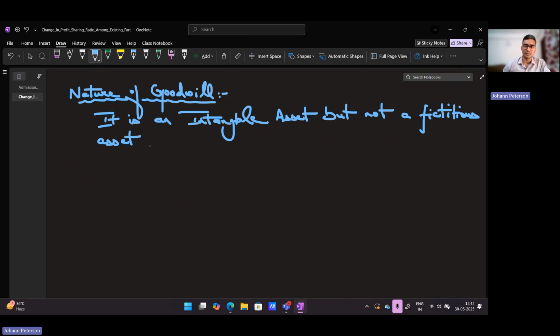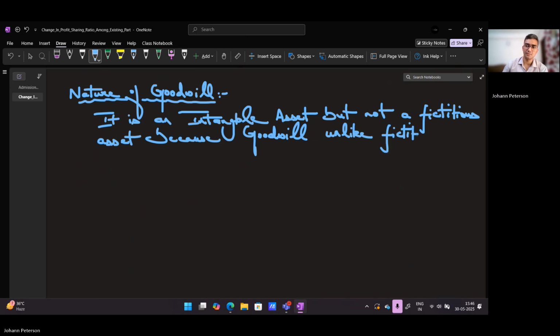Okay, so it's not a fictitious asset, it's something which is actually existing. Fictitious means something which is imaginary. So it's not an imaginary asset, it's actually there and it is measurable in terms of money. It has a value because goodwill, unlike fictitious assets, has a value.